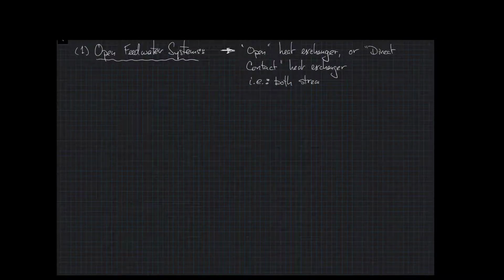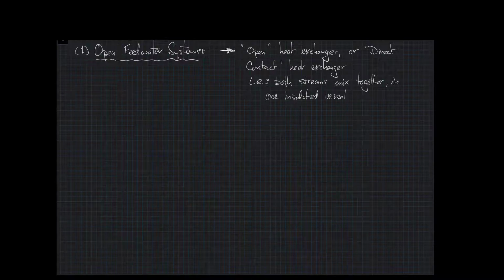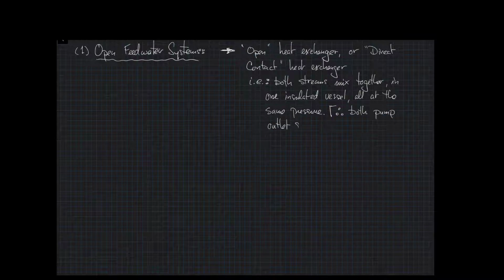In this particular case, the pump liquid stream and the turbine steam stream are both injected in the heat exchanger together, which means that their pressures must match. Otherwise, you wouldn't be able to mix them in that fashion, and that's a key feature of these open heat exchangers. So both the pump outlet and the turbine bleed pressure must match.